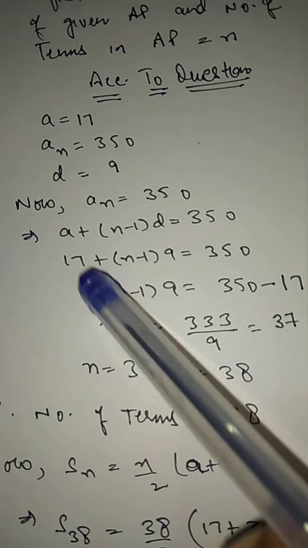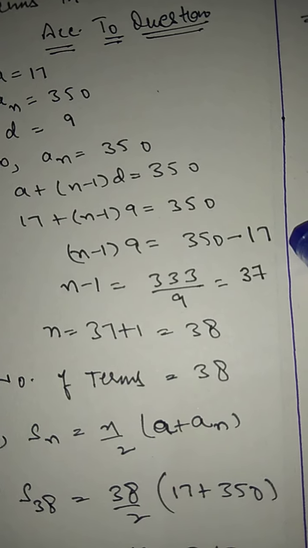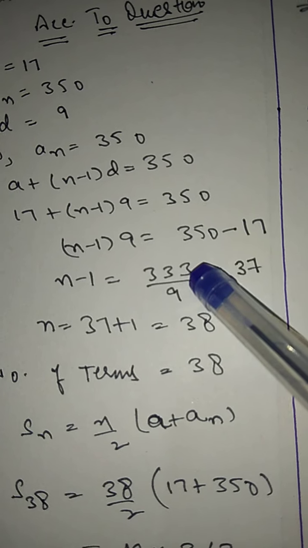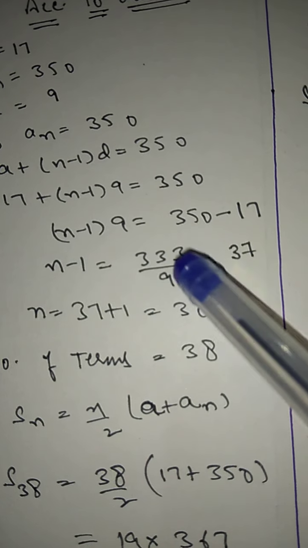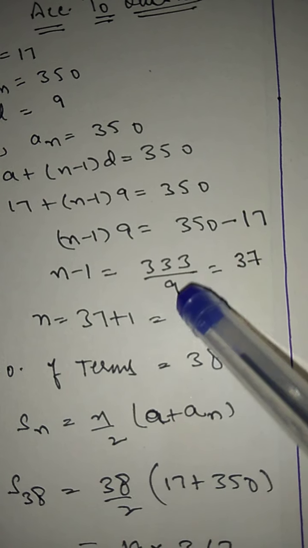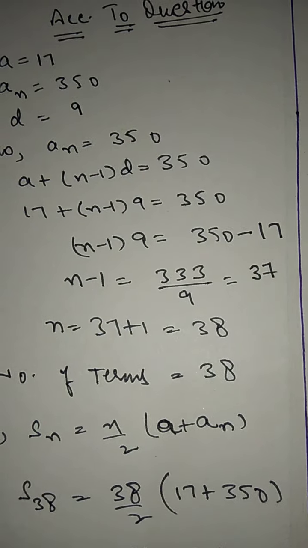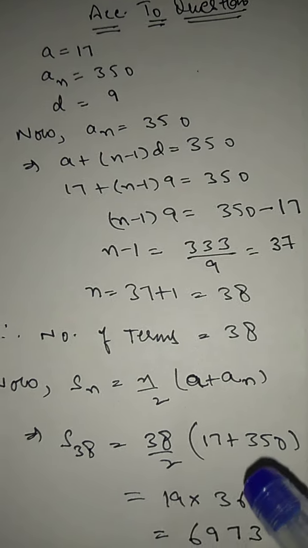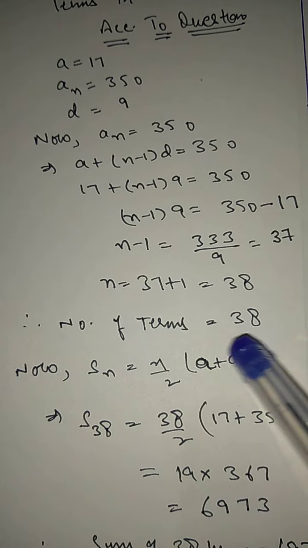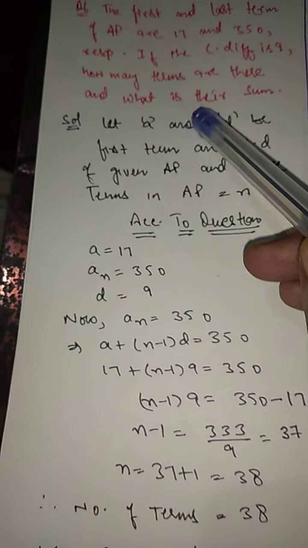When we use the values of a and d, it gives us (n minus 1) into 9 = 350 minus 17, that is 333, so n minus 1 is equal to 333 upon 9, which after solving we get 37: 9 threes are 27, 9 sevens are 63. So n is equal to 37 + 1 = 38. So the number of terms in this AP is 38. We also have to find their sum.